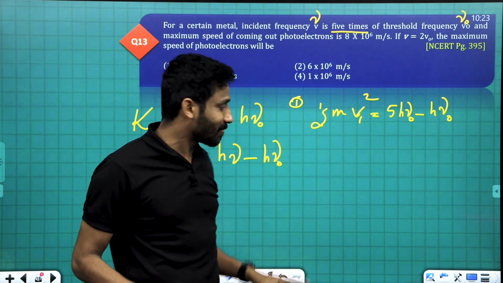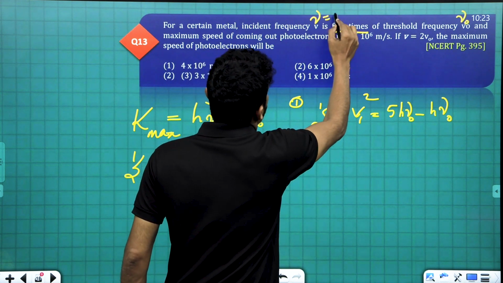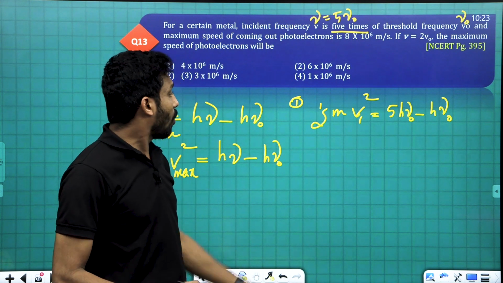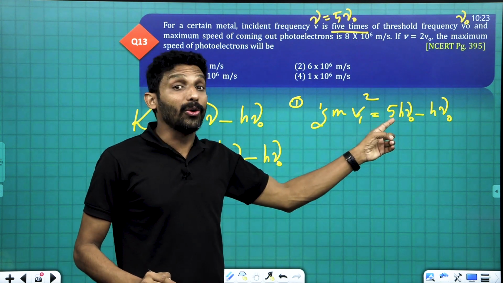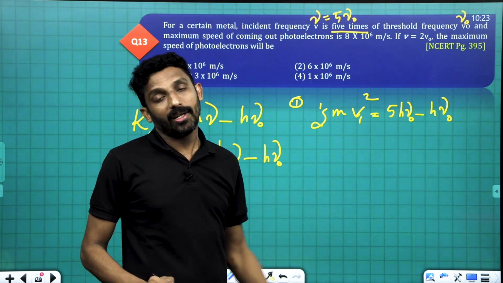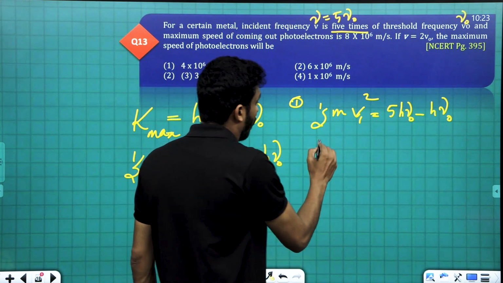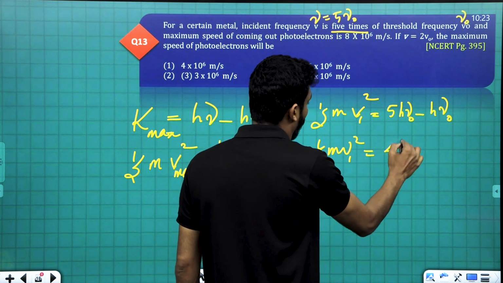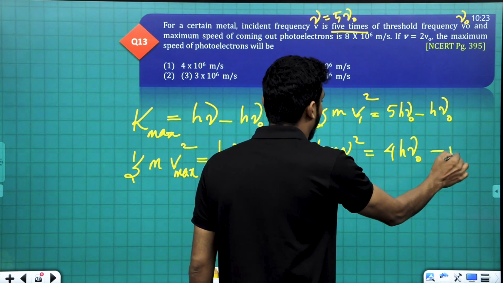So h into 5 nu naught minus h nu naught. That is half into m into V1 square is equal to 4 h nu naught, equation number 1.